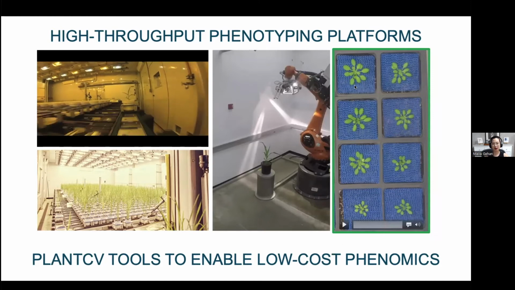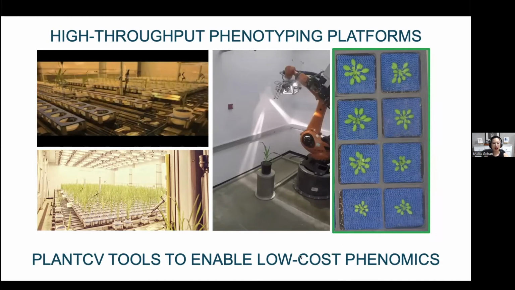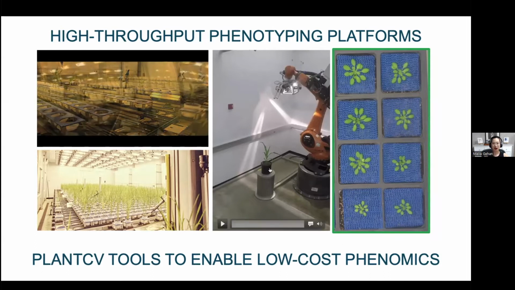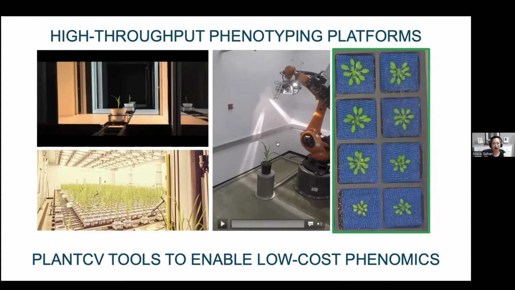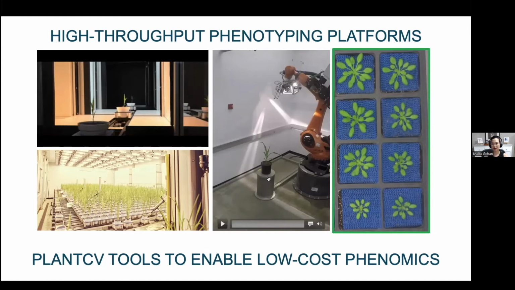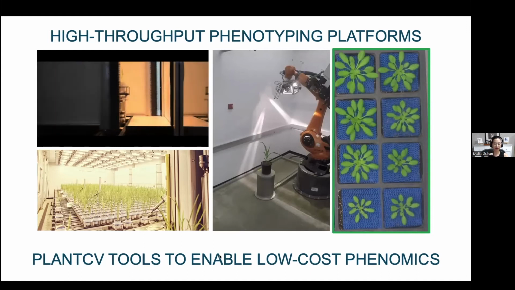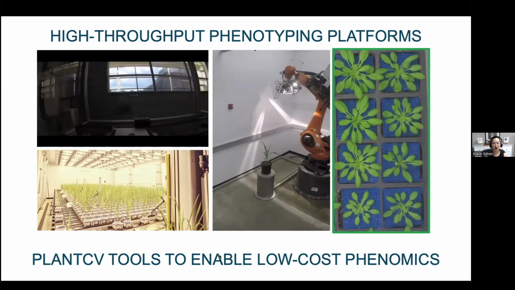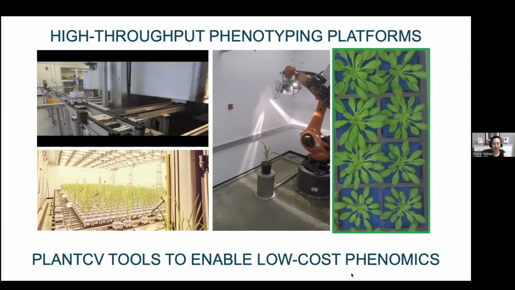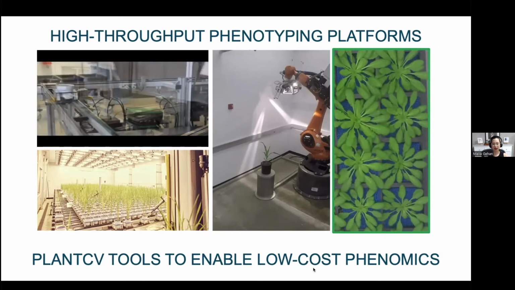So again, phenotyping with these Raspberry Pis, and also enabling extraction of data from other imaging modalities like hyperspectral and thermal, just some examples. And so I'm going to go over some of the tools that we feel help to enable low-cost phenotyping.